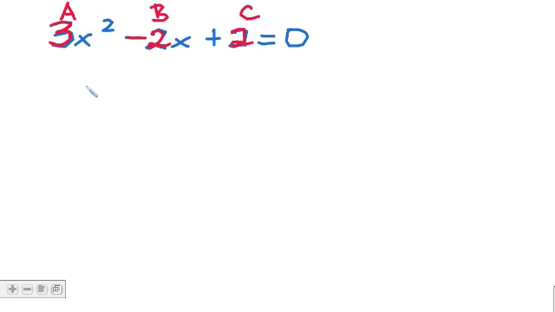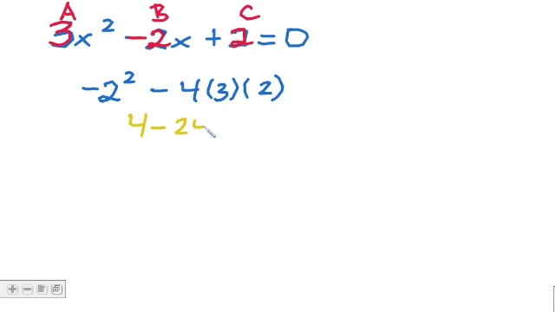I get b squared, which is negative 2 squared, minus 4 times 3 times 2. Simplifying that down, I get 4 take away 24, which is going to give me a negative 20. Now, because you cannot have a negative discriminant, your answer here is going to be no real solutions.